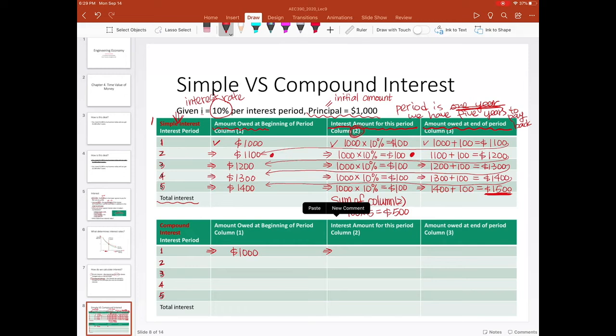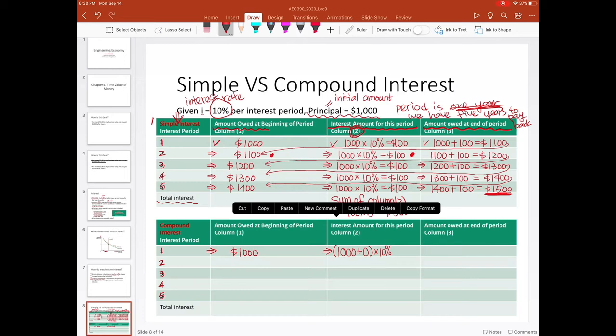So that means the base of that interest will be 1,000 plus 0 interest in the previous year, right? Times 10%.